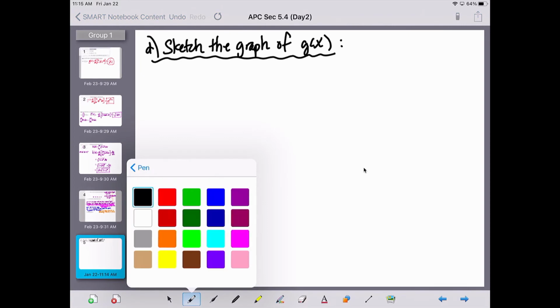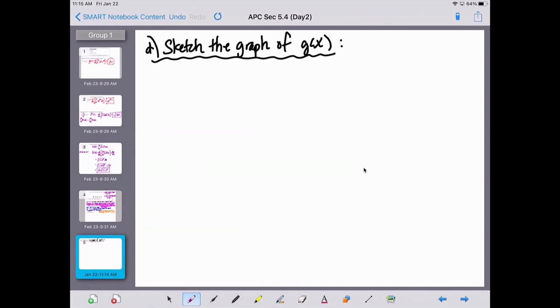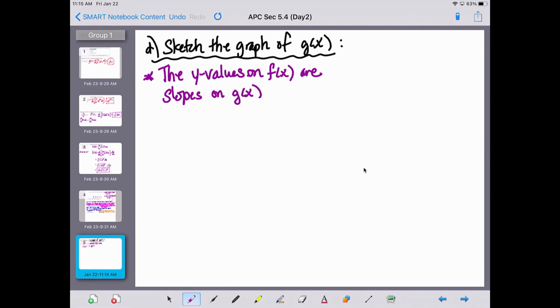Let's write this down again. The y values on f of x are the slopes on g of x. Okay, so we are going to create a slope field.